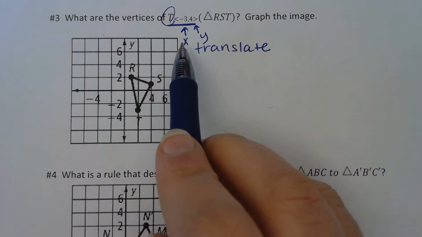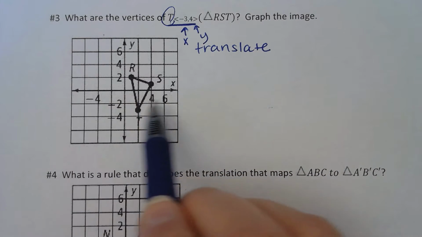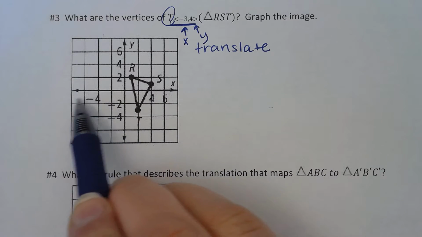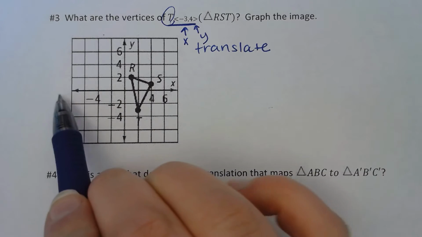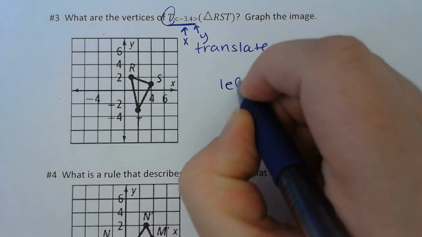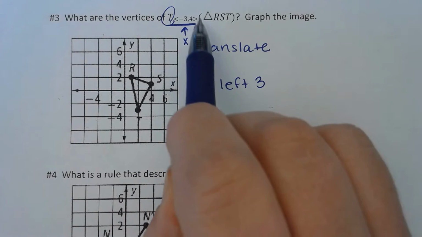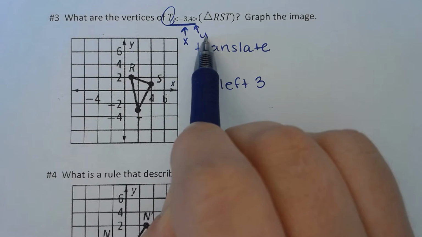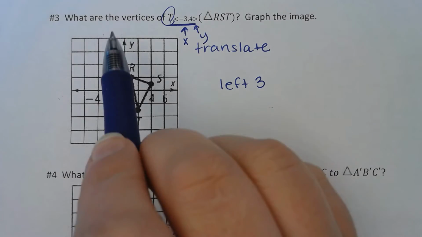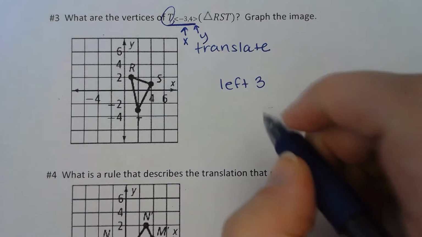So if the X movement is -3, that means I'm going to be moving horizontally -3. Now which direction is negative? This one. So that -3 tells me to move left 3. While that 4, that's a +4 for the Y, which means I'm going to be going up because up is positive.